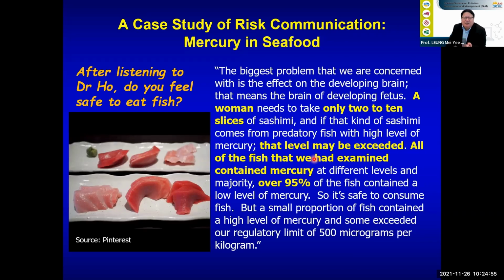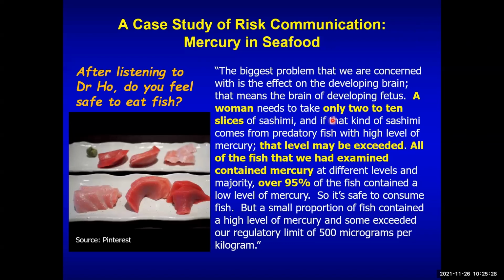You need to guide the correct behavior rather than sidetrack people, give this wrong message, then create unwanted response from the citizen. So this is a very good example case to tell you that we have to prepare our speech to the press in a very clear manner so that we can get the correct message across.